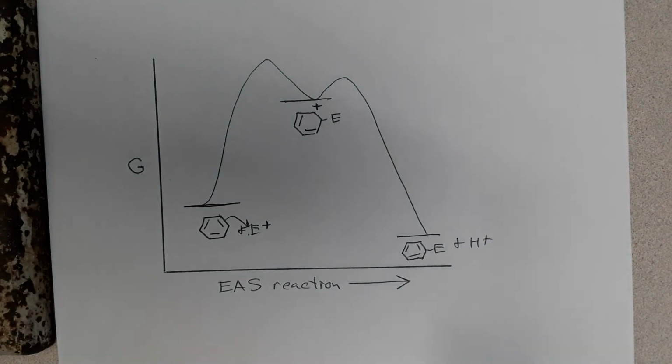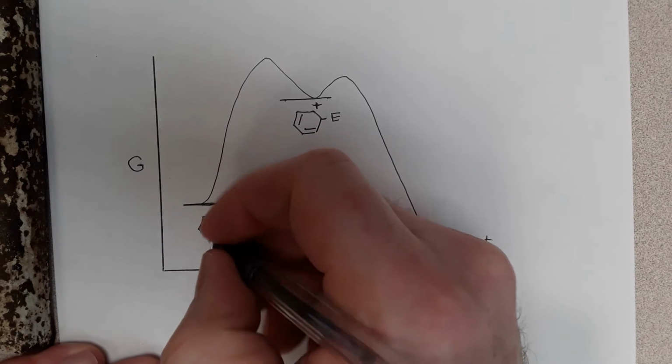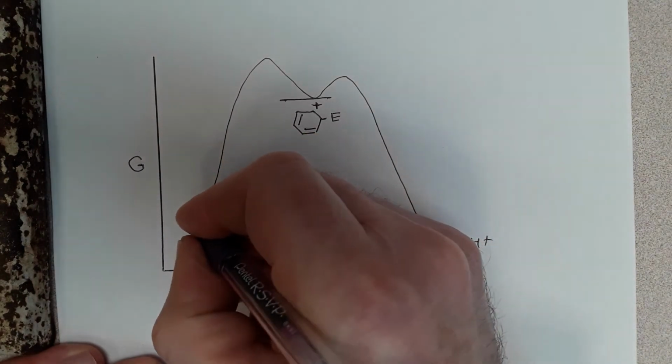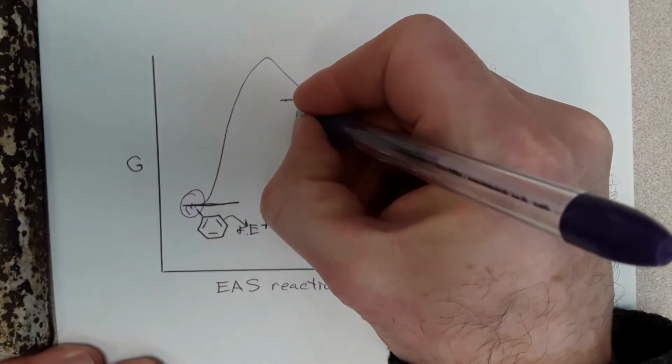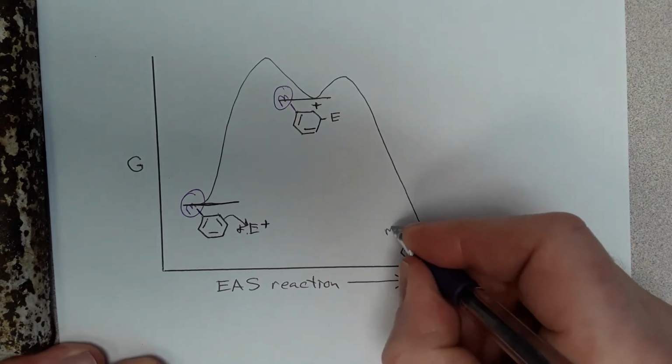And one way that we can reason out where this electrophile is going to add, it doesn't matter where it adds here, but what if we had a substituent on the ring already? Let's say we had a substituent over here. We'll put M for a meta director.